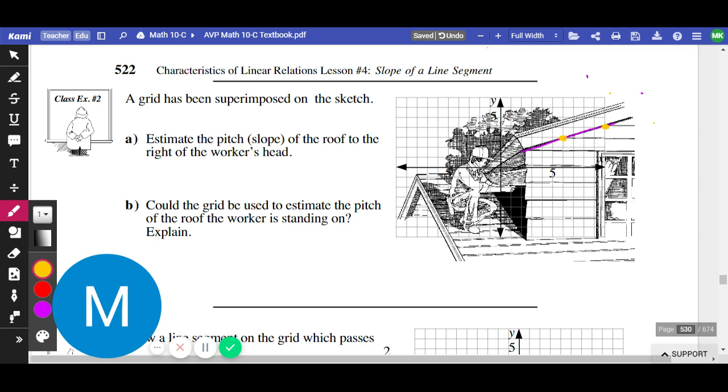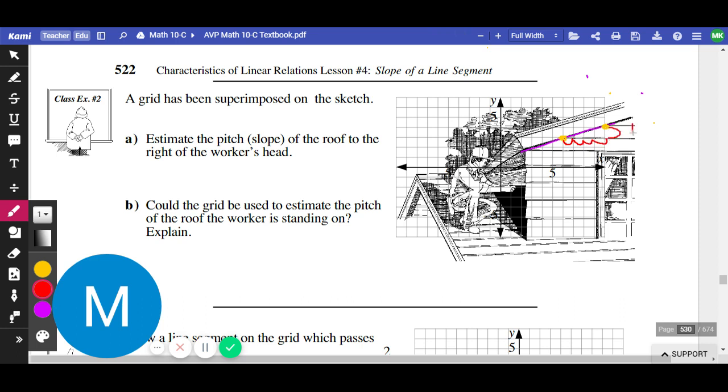Once you've picked 2 points that you feel perfectly cross the grid, I know this one's hard to tell. I understand that. Then we would calculate rise over run from left to right. Before we even do that, is our slope going to be positive or negative? Positive, because it's trending upwards, right? So as we do our rise over run, our rise is 1, our run is 1, 2, 3, 4.